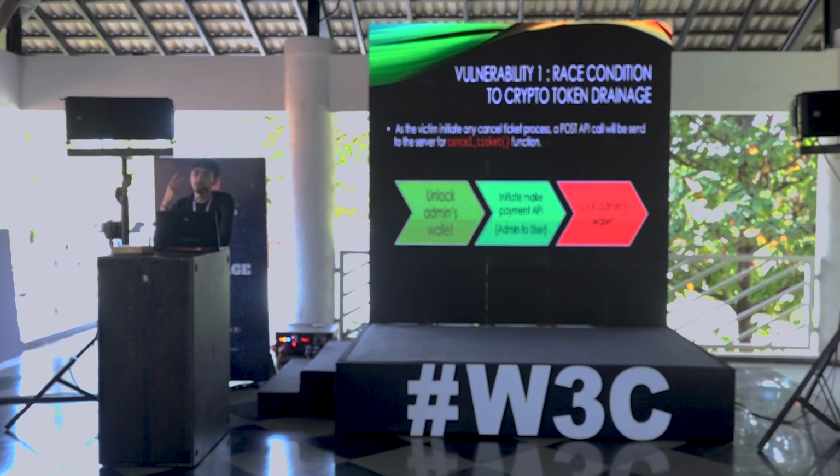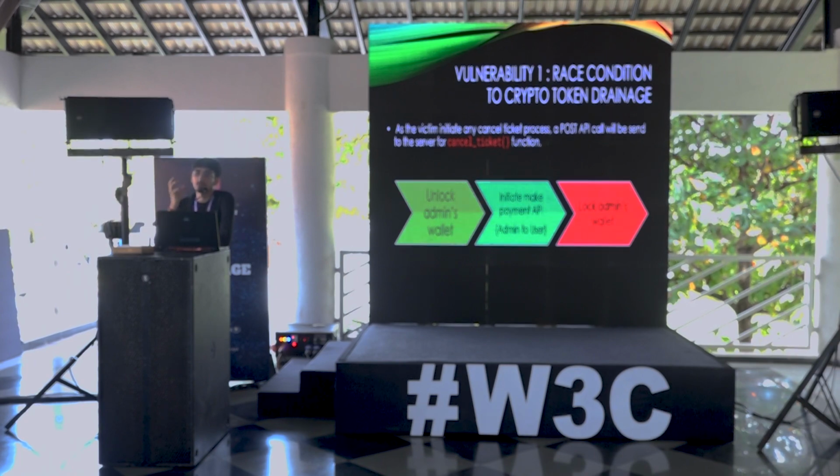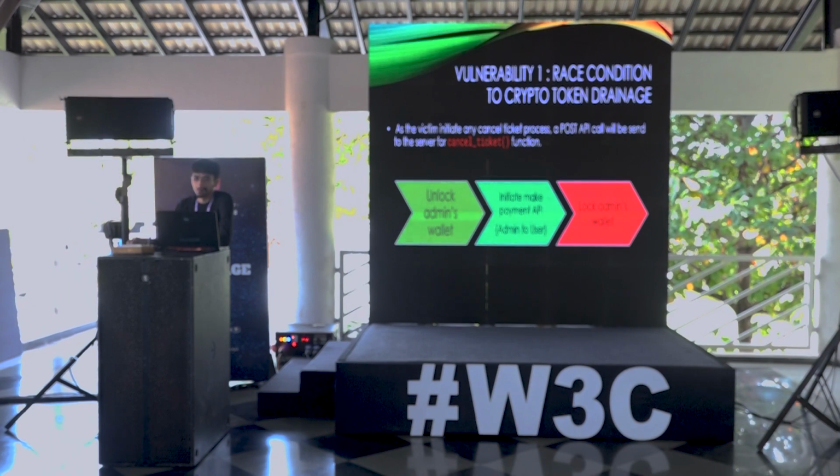You are making two API calls to withdraw your money. And as the balance of your bank account is 5,000, both your requests will be successful and you are able to withdraw 10,000 as a result. So this condition is known as the race condition in software development. This was found in that web application during the pen testing.